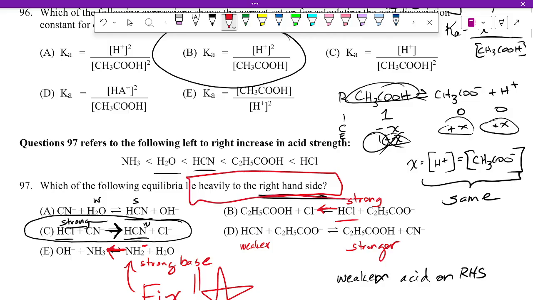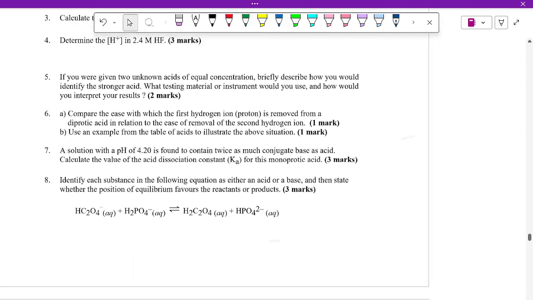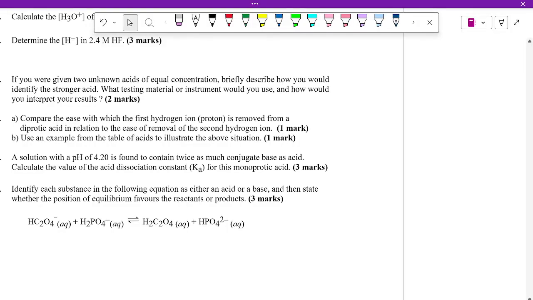All right, we would like to go over written response number 7. Oh, this is a nasty one. So much fun, right? Twice as much conjugate base as acid. So which one is more?